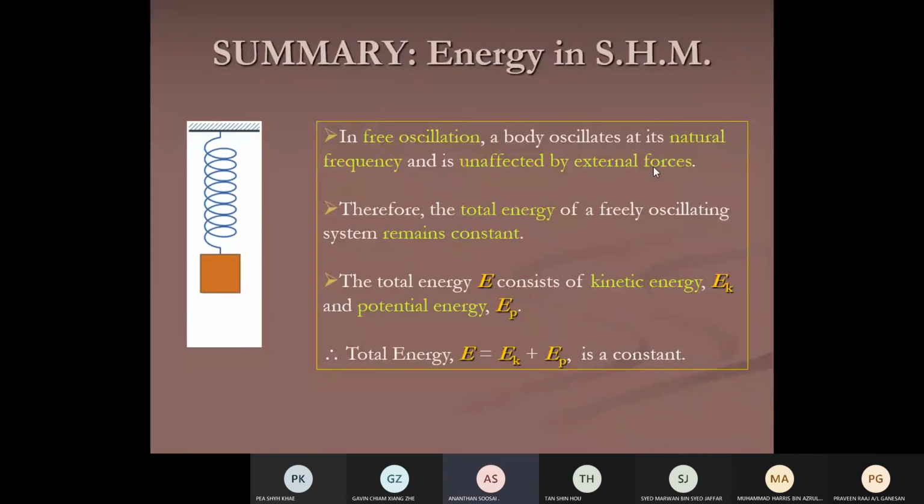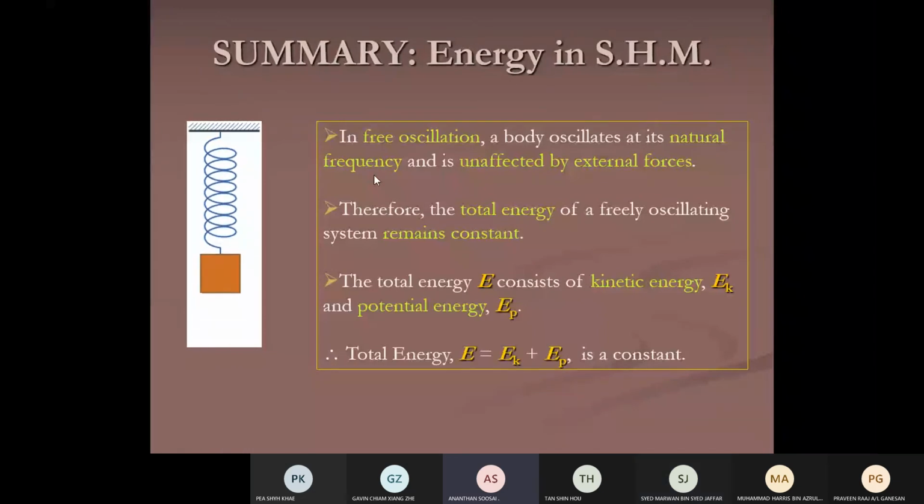Not gravity, gravity is all included, but not like there is a machine to push it down. So free oscillation, in the exam they'll ask. If you have heard about natural frequency, right?